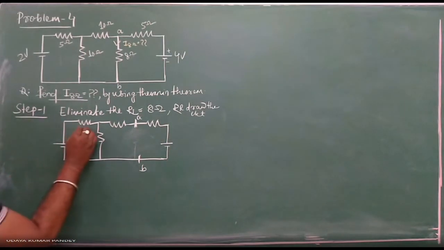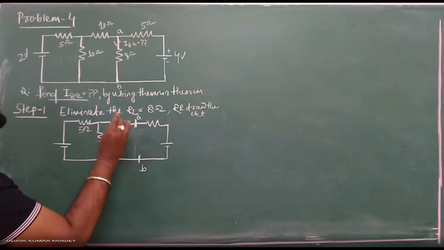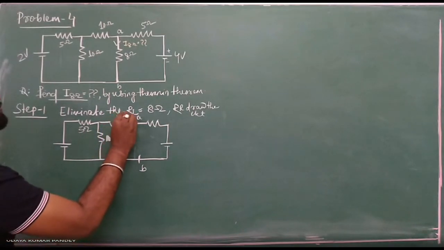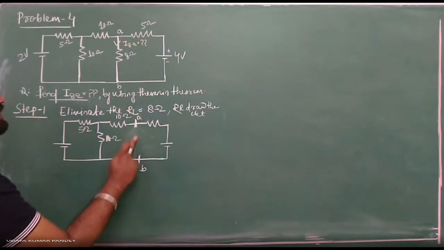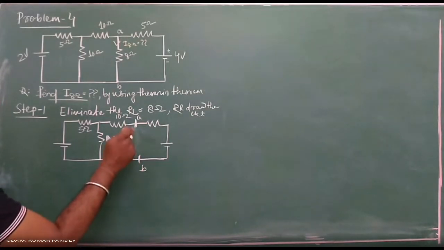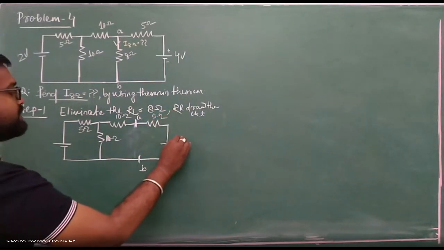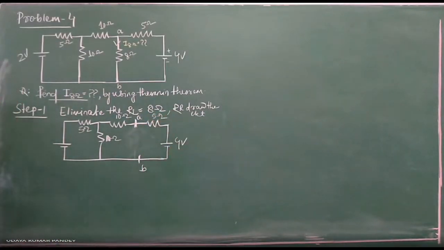I just put the values: 5 ohm, then 10 ohm, then again 10 ohm. Your 8 ohm is open circuited now. 8 ohm is eliminated from this figure. Then again 5 ohm, then 4 volt. Is it okay, all of you? Yes, sir.